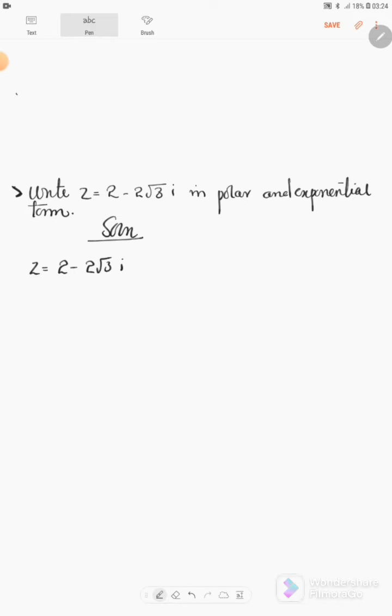First thing we do, sketch. We have plus Im, minus Im, plus Re, minus Re. Okay, I will know our real part is on the positive x-axis.